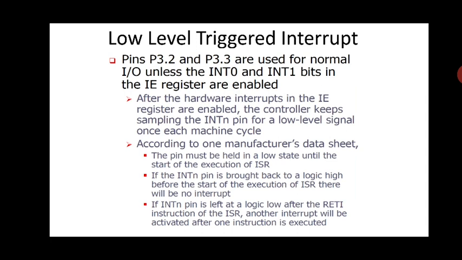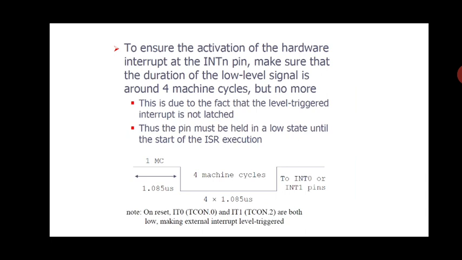If the INT pin is brought back to a logic high before the start of execution of the ISR, there will be no interrupt. That is the occurrence or non-occurrence of an interrupt, and after completion, all interrupts have to be returned from using RETI, which means it has to clear the interrupt.